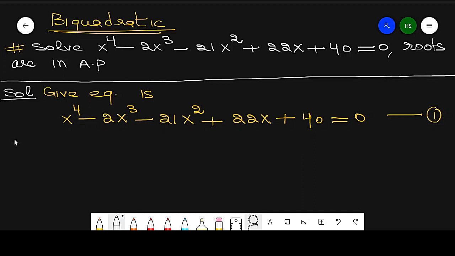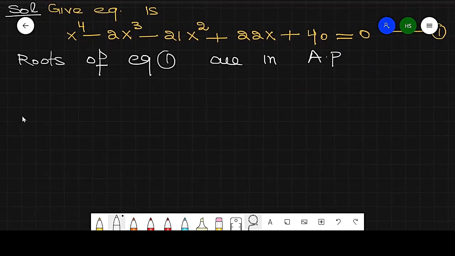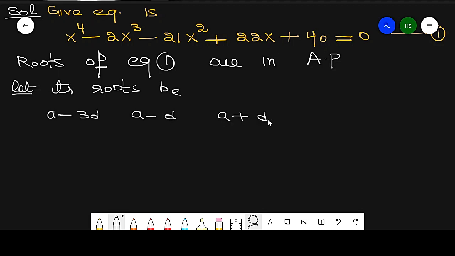Now, in the given part, the roots of equation number 1 are in AP. Then let its roots be a minus 3d, a minus d, a plus d, and a plus 3d.